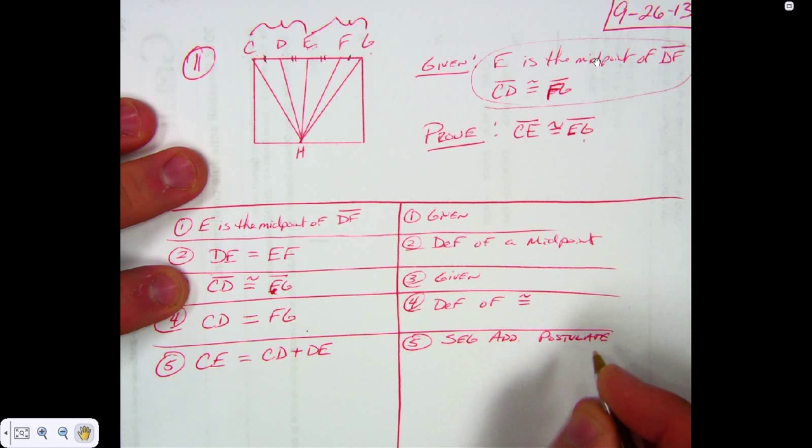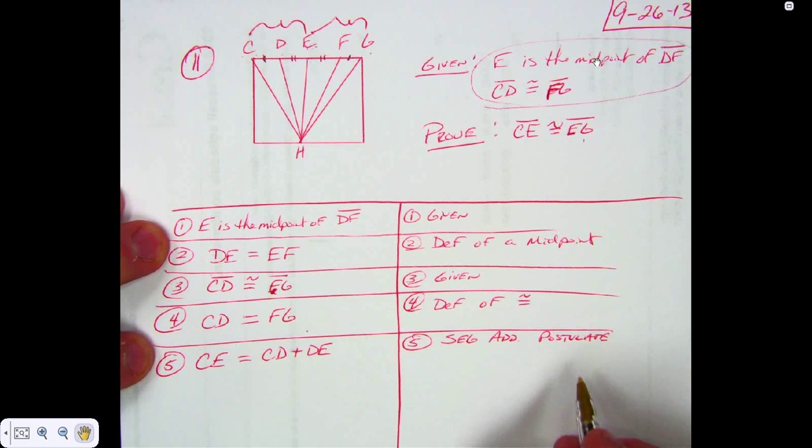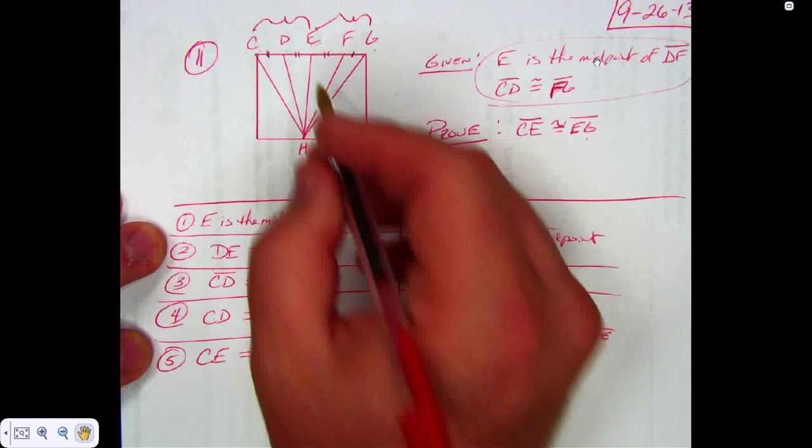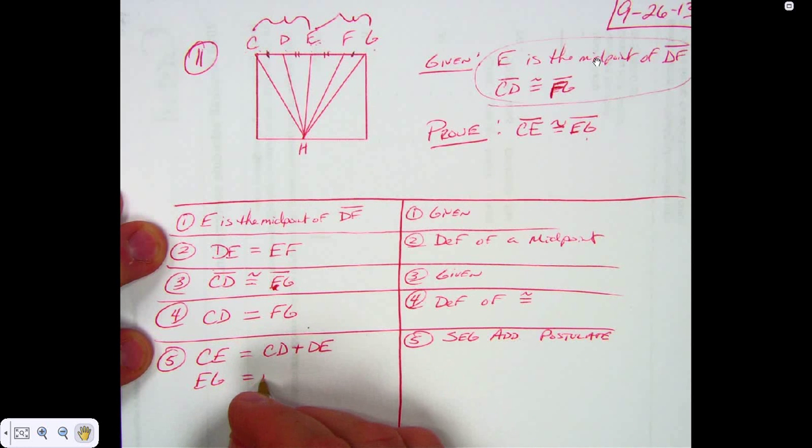Correct? Yes. Now, since I don't want to write segment addition postulate down again, what else could I say? EG equals EF plus FG. Actually, what I'm going to do is say FG plus EF. Does anyone know why?